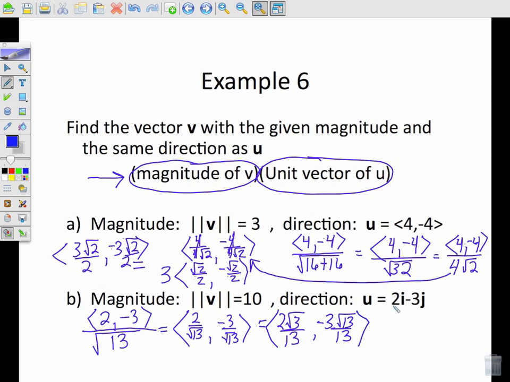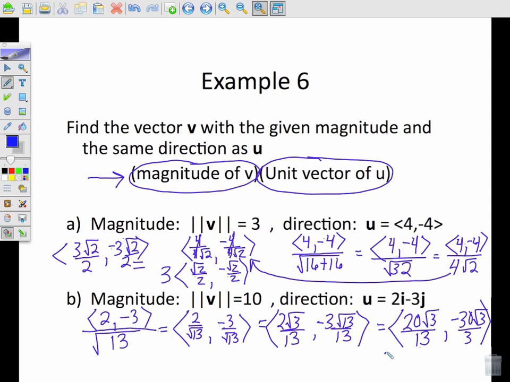Okay, there's the unit vector, and your final step would be to multiply by the magnitude, so multiplying this by 10. So it'd be 20 square roots of 3 over 13, and negative 30 square roots of 3 over 13. So there's your vector. And then I just kept this vector in component form.